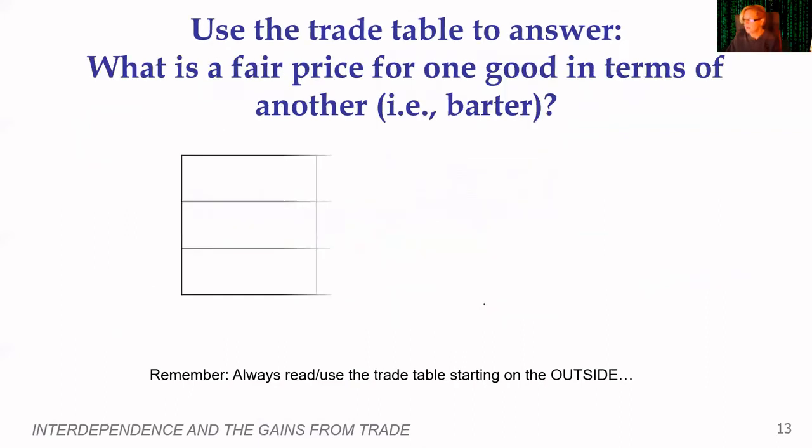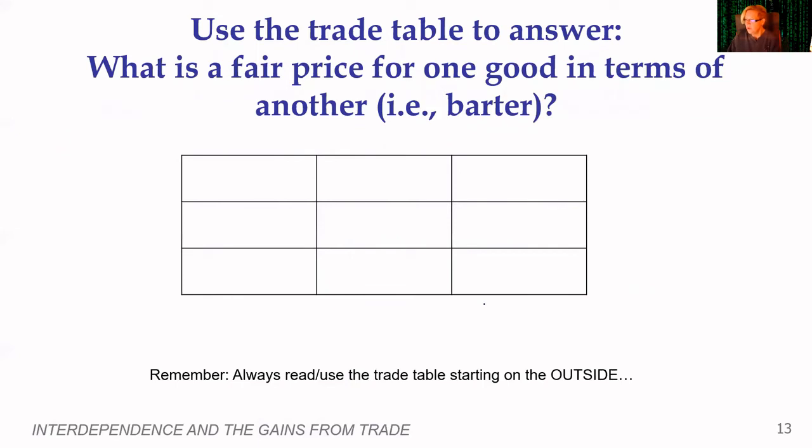All right. Okay. What is a fair price for one good in terms of another? And I think it's worth kind of resetting our graph to that extent. So again, we have the US and we have Japan. I should have put these a little bit different, but it's okay. Computers and wheat.